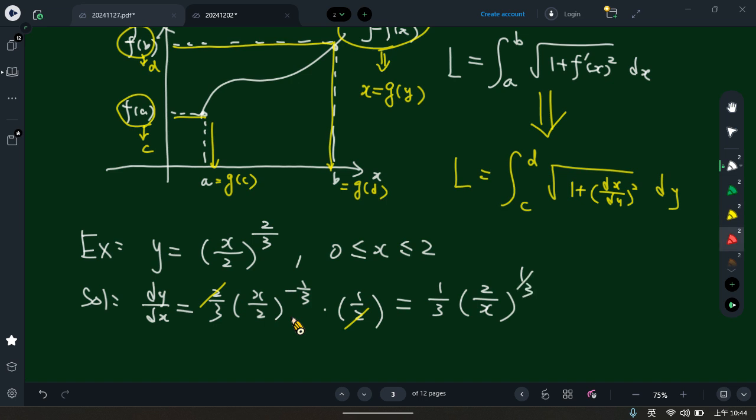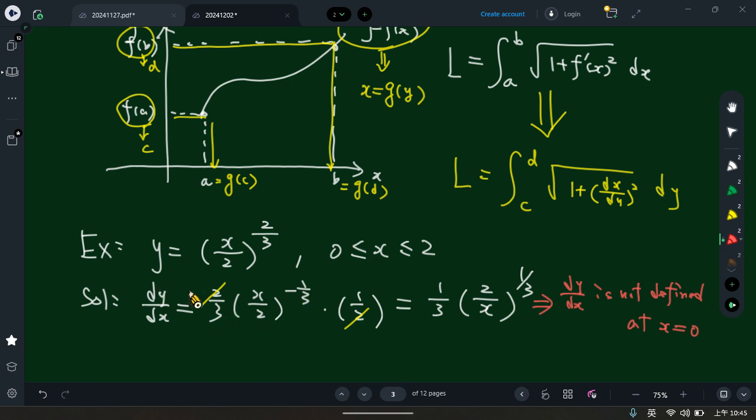So in this case, you can see dy over dx is not defined at x is equal to 0, because the question just asks the start point will be x is equal to 0, right?